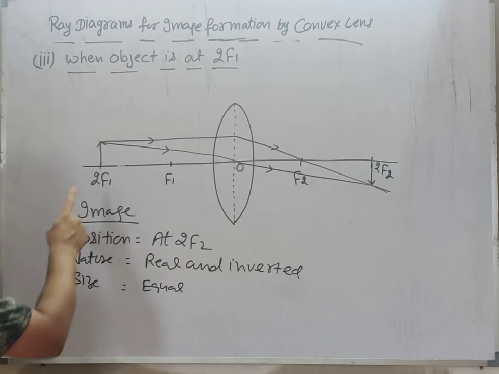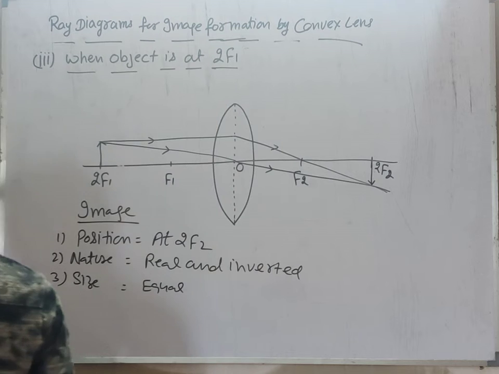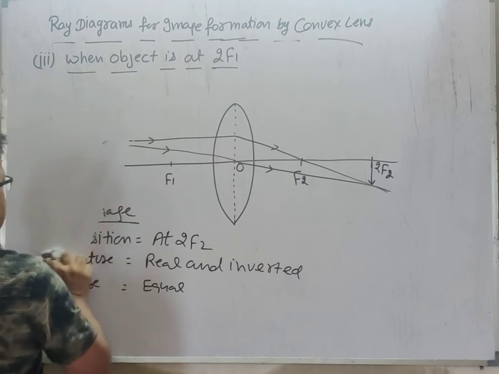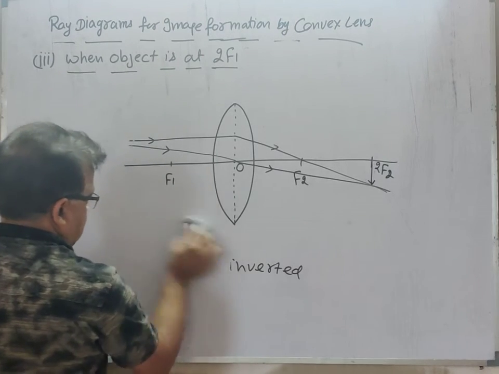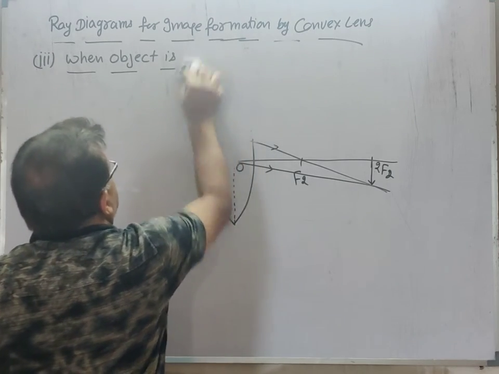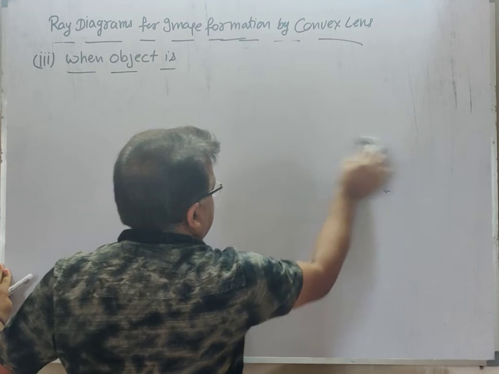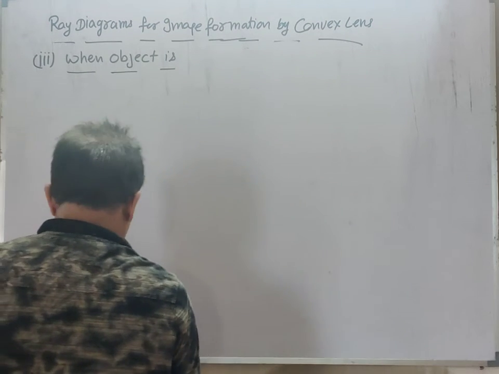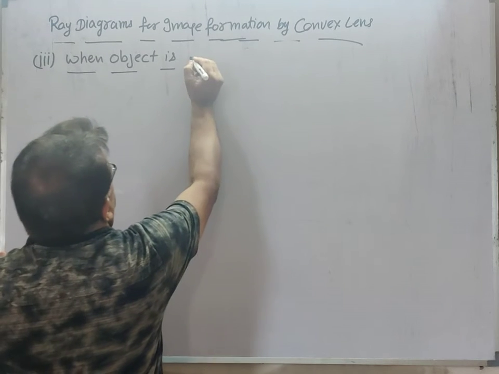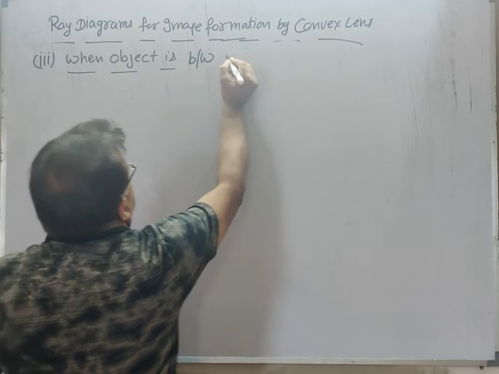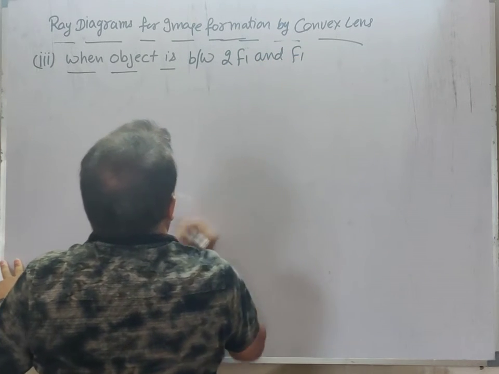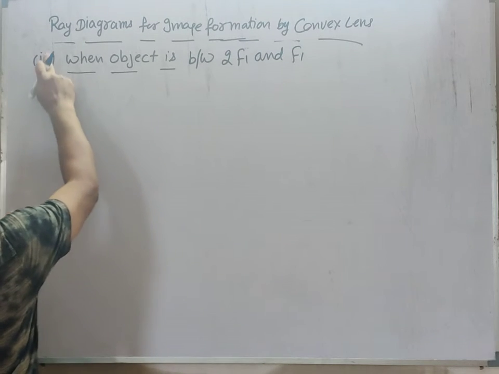Now next, the ray diagram when the object is between 2f1 and f1. So this is the fourth point.